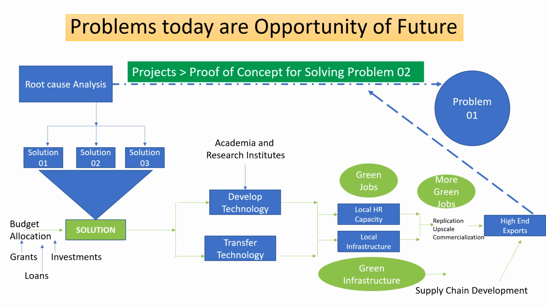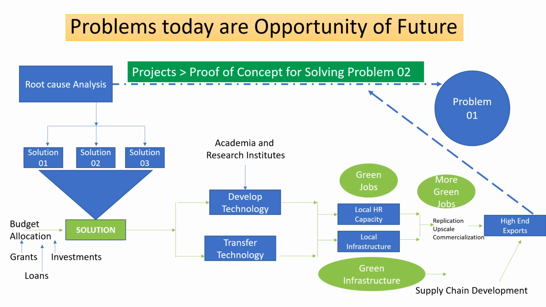These are the strategies which progressive countries are normally using so that they are not only improving their internal capacity regarding capital, infrastructure and human resource, but also making their people more ready for future requirements, and they are creating more green jobs and bringing more supply chain segments into their control.